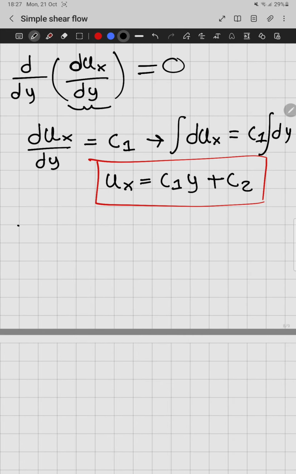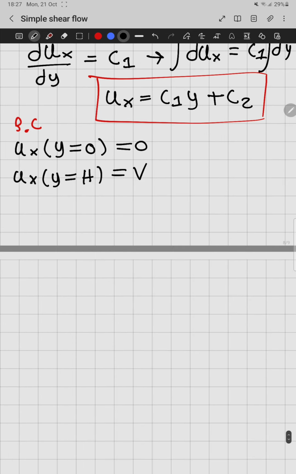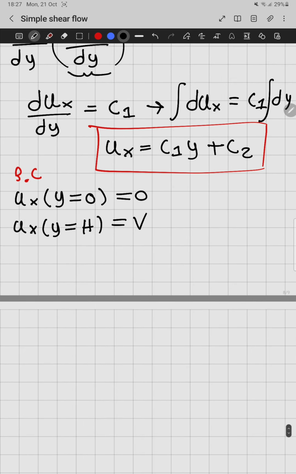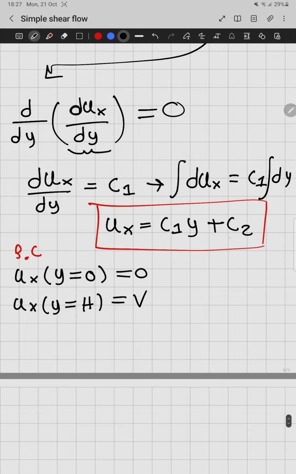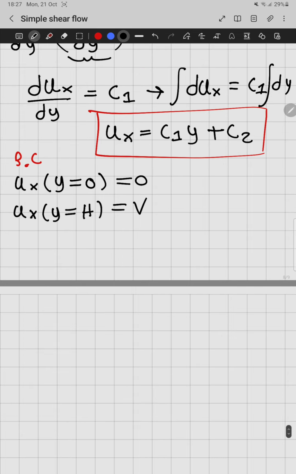When ux at the bottom is going to be 0, and ux at the top is ub. Since this equation is second order, that means we need two constants. So we already have two boundary conditions, so we can estimate this C1 and C2.